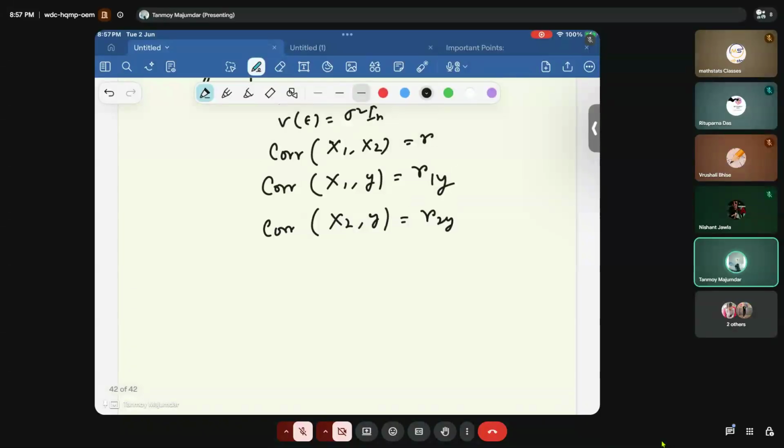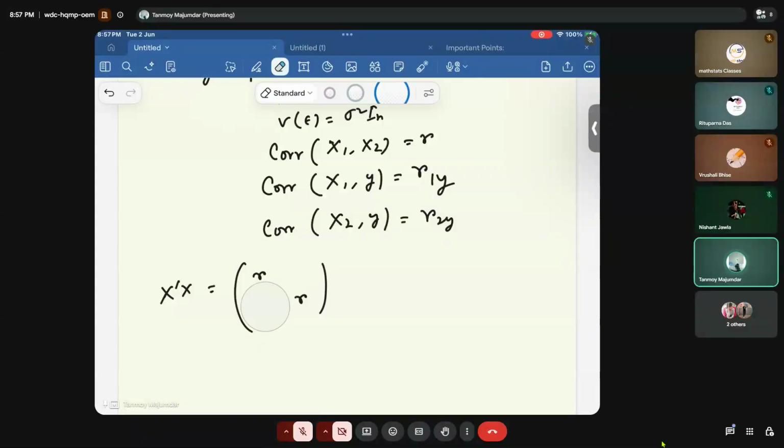So what will be our X dash X? That will be 1, 1 on the diagonal and r off the diagonal.